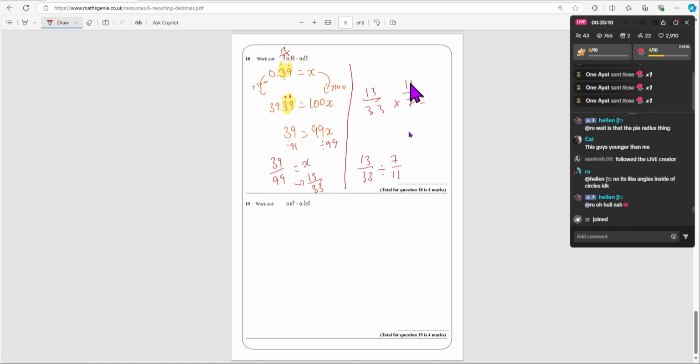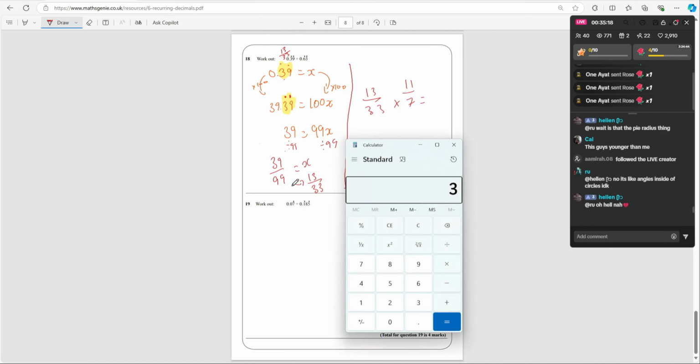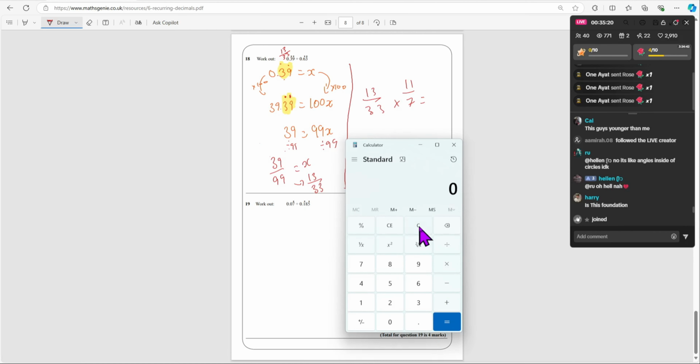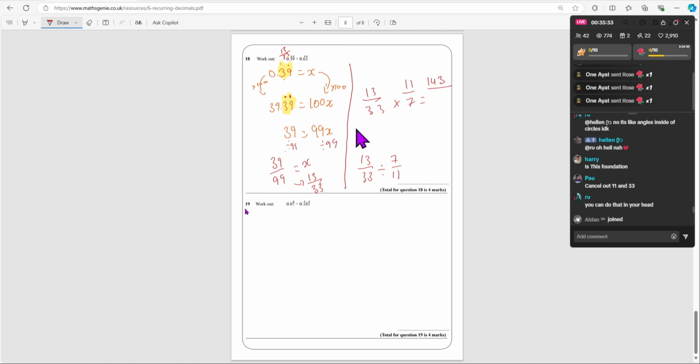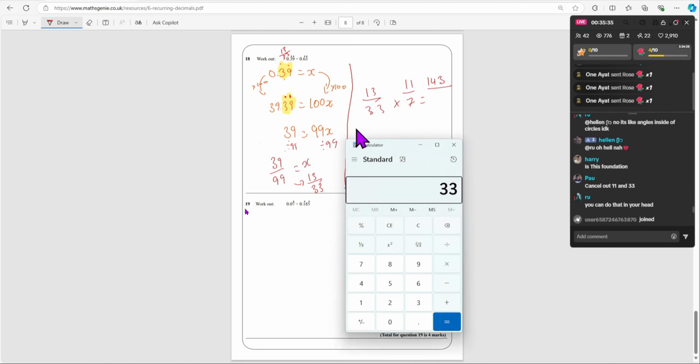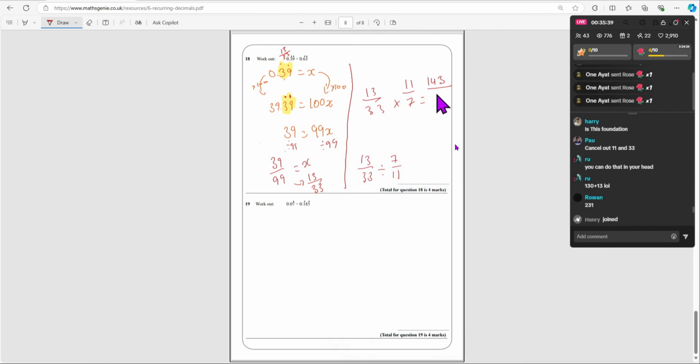Let's use the calculator. 13 times 11 is going to be 143. And 33 times 7 is 231.